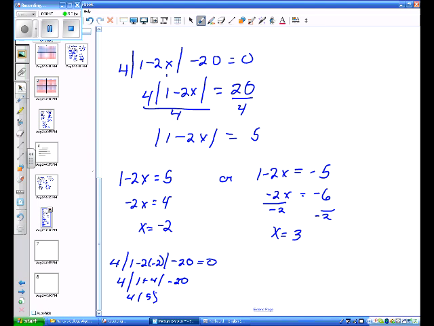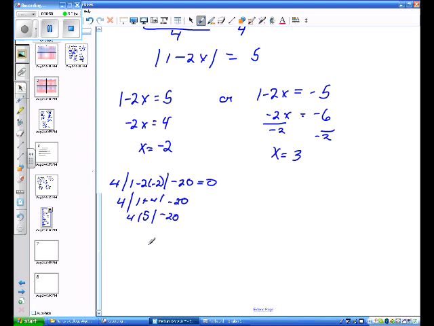Whoops, that's an absolute value bar, not a parenthesis. The absolute value of 5 is 5, and 20 minus 20 is 0. So that one checks out.